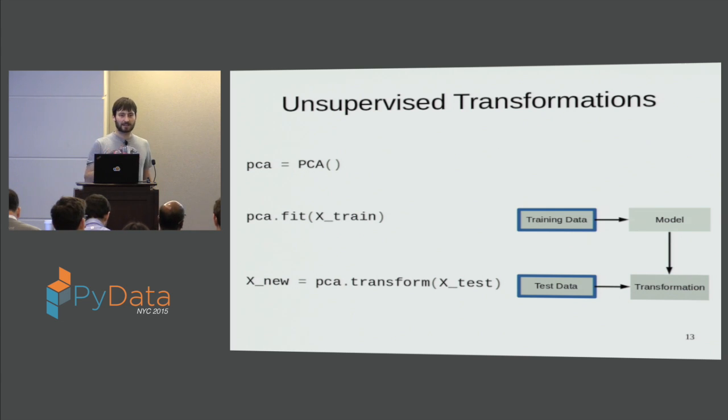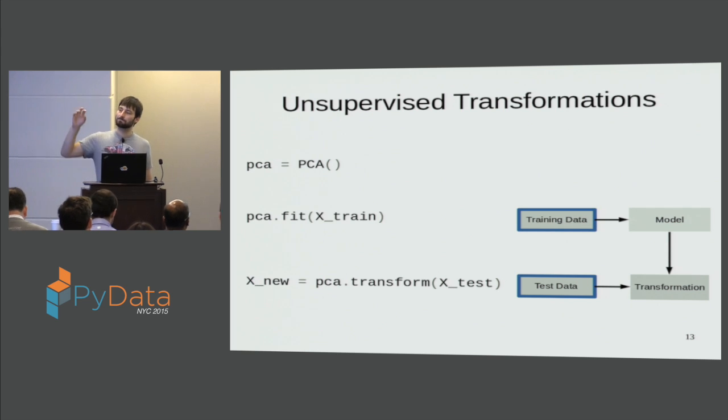And this is how it looks in scikit-learn. It's very simple, similar. PCA is principal component analysis, which I don't have time to explain. But the idea is, again, you instantiate your model. You fit your model with the data. This time, there's only X_train. There's no y_train, because this is an unsupervised model, we only have data. There's no desired outcome.